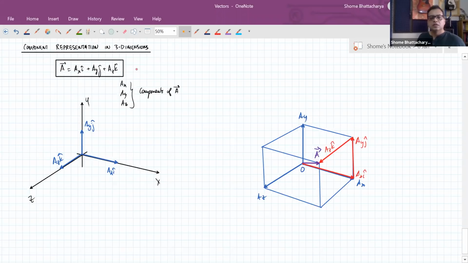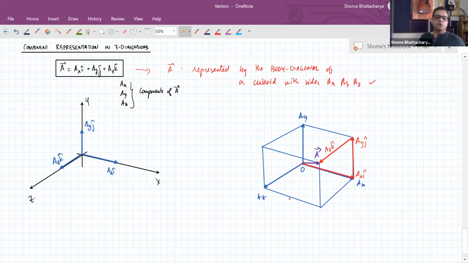So you can see that the vector A is represented by the so-called body diagonal of a cuboid with sides ax, ay, and az. This is the relationship between the geometrical interpretation and the component notation in the case of 3 dimensions.